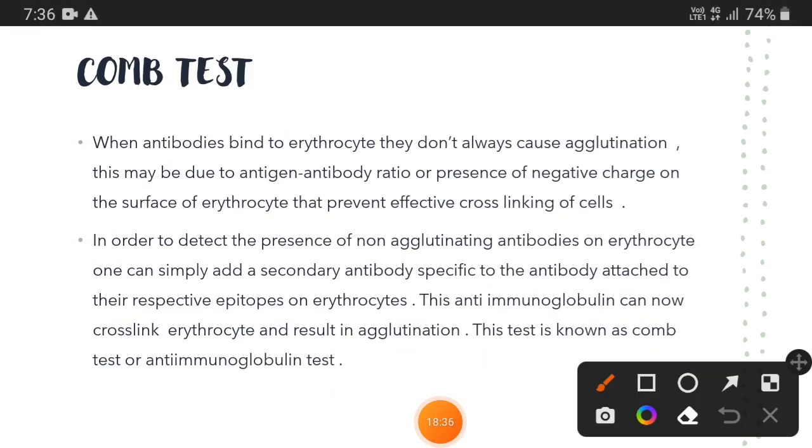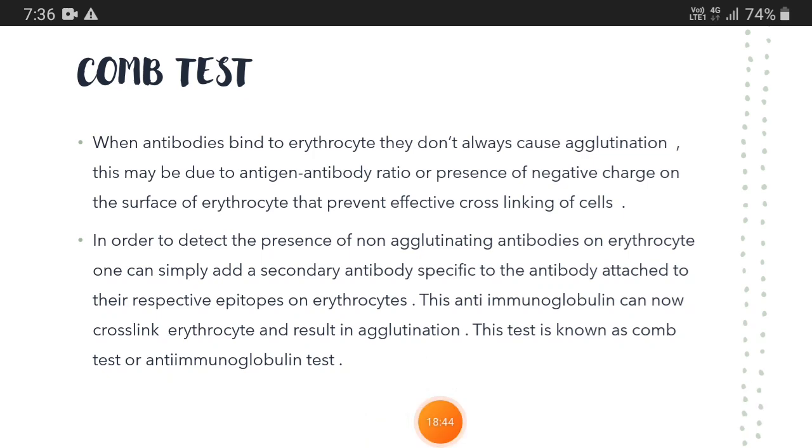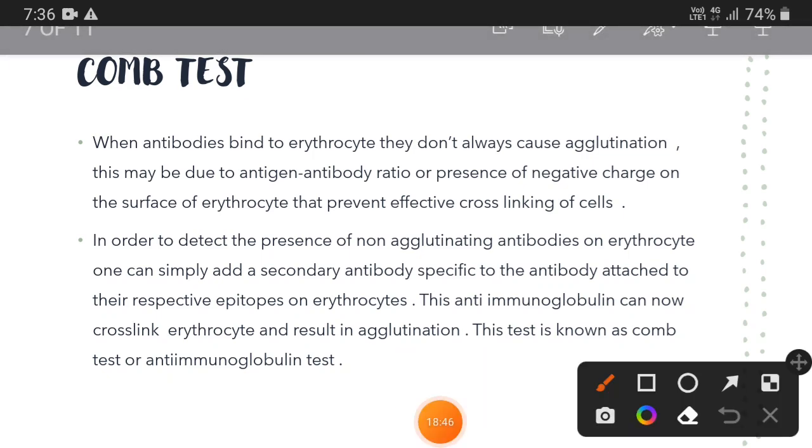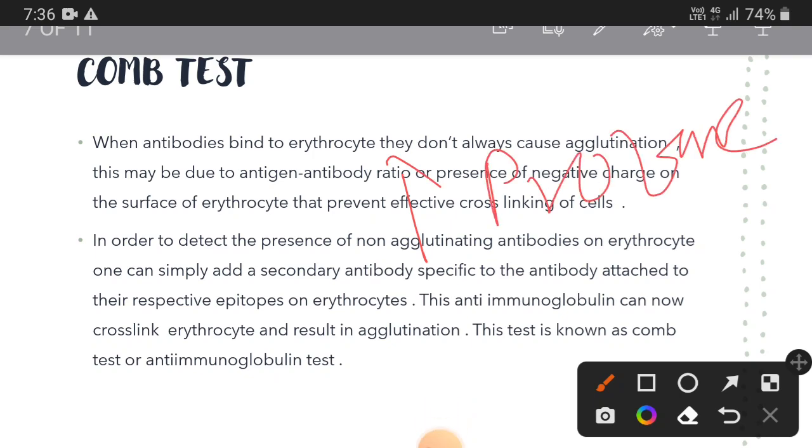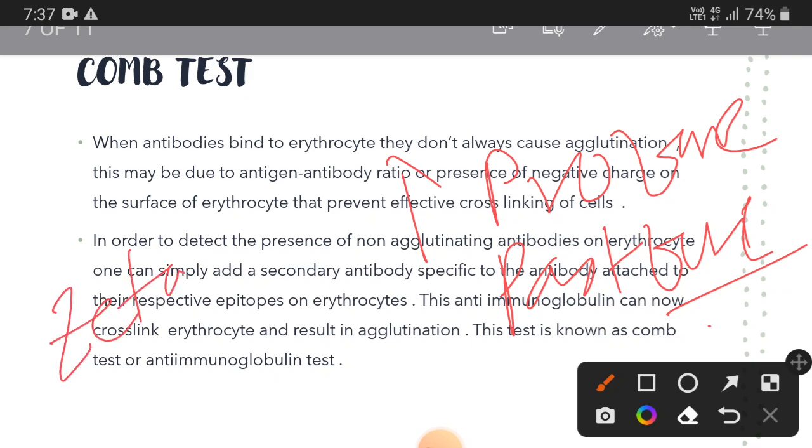So what is the Coombs test? The Coombs test is a solution, I should say, for antigen-antibody agglutination reactions where in some cases the antibody is in excess amount. That means it can resolve the prozone effect, it can resolve the postzone effect, which is due to the amount of excess antigen, and it can also resolve the zeta potential effect.